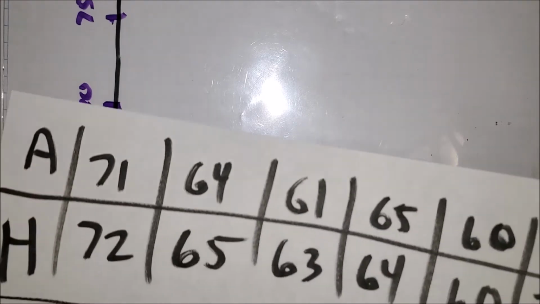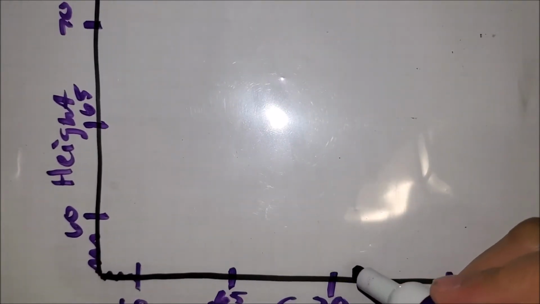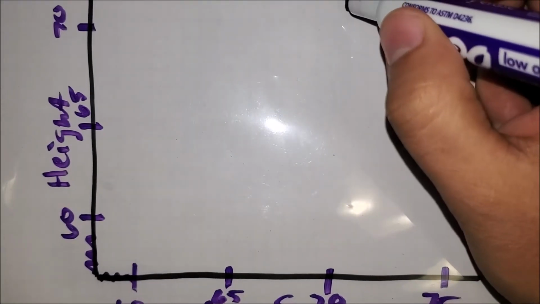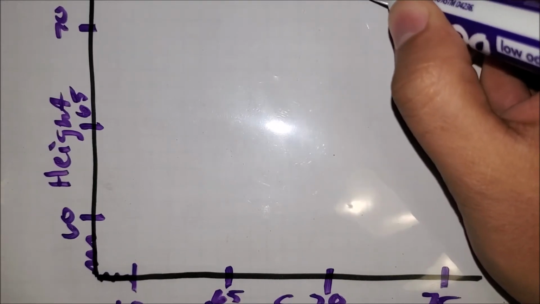So let's start off with our first point. Our first point is 71, 72. So if we look at our arm span here, 71, we come just a little bit past 70, and it goes up to 72. So it should be right about here.